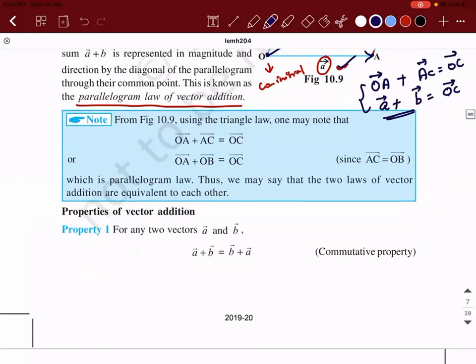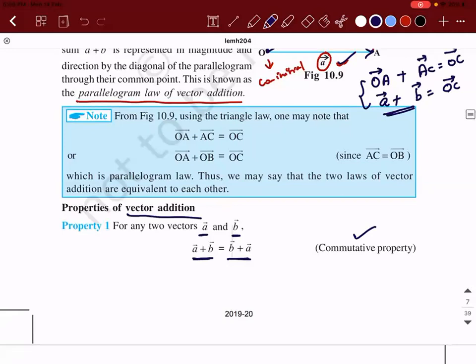The next important thing is properties of vector addition. If A vector and B vector are two vectors and you want to add them, then A vector plus B vector will generate the same result as that of B vector plus A vector, which is a property called the commutative property. This is called the commutative property.